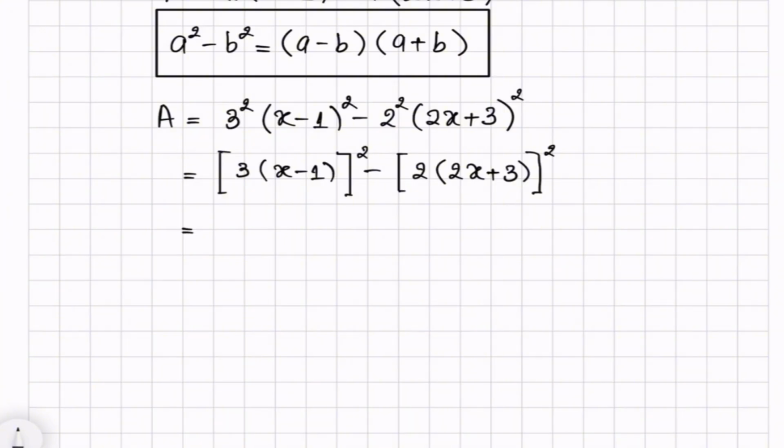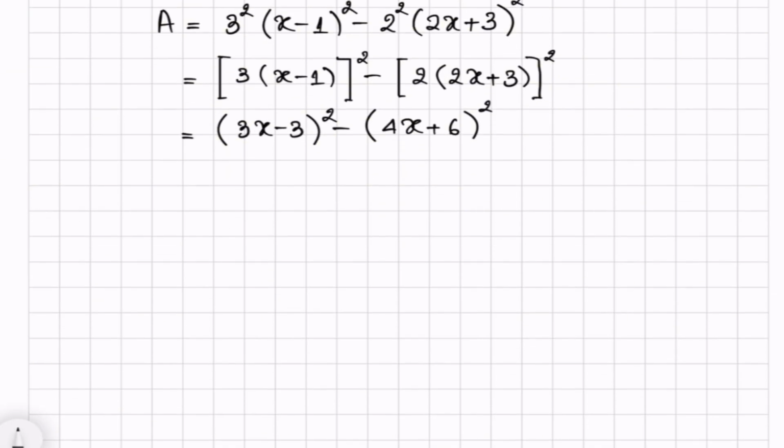Now we can multiply the 3 into the factor here. We get (3x minus 3) squared minus (4x plus 6) squared. And then we can use the formula, where the first term represents a.